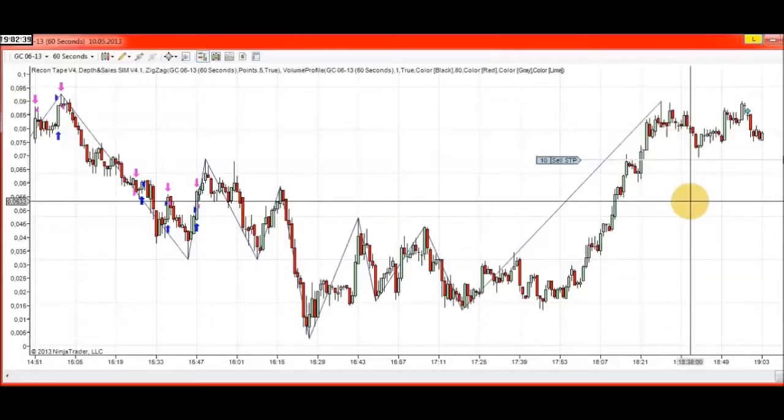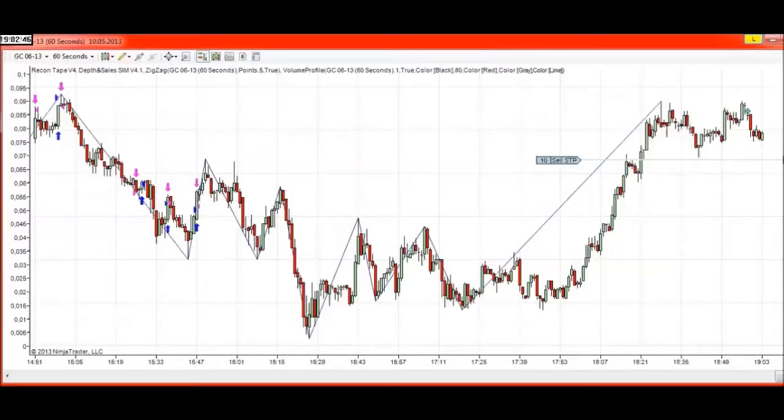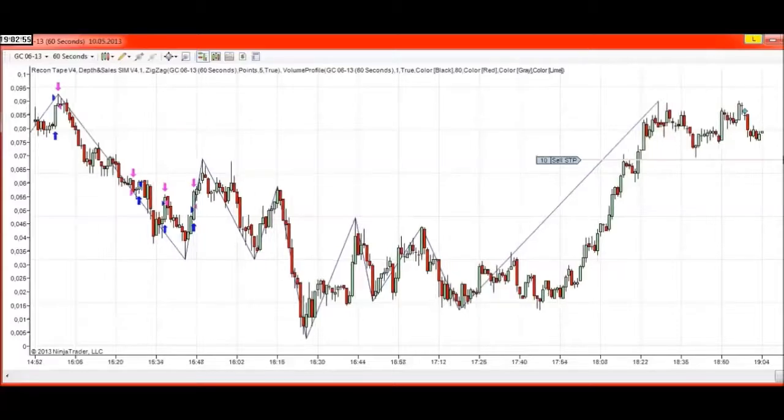And you cannot really read anything on your DOM. So the only thing that you can actually comprehend is probably the tape. And what I use is reconstructed tape. I don't use consolidated tape because again there is no time to read it, because there is another column.